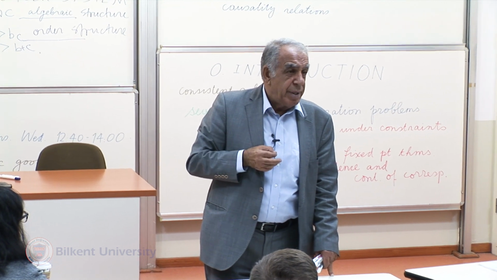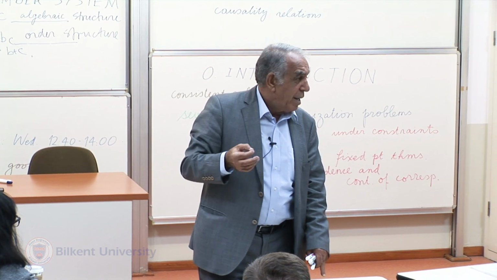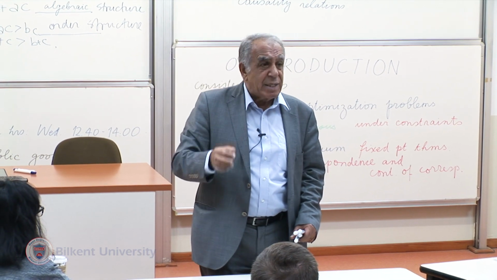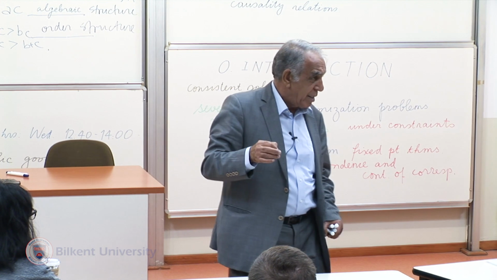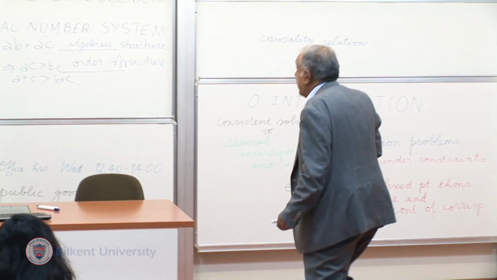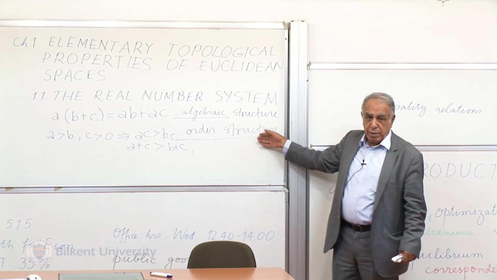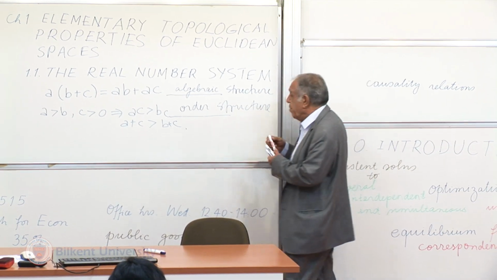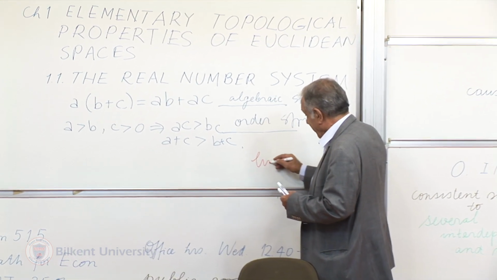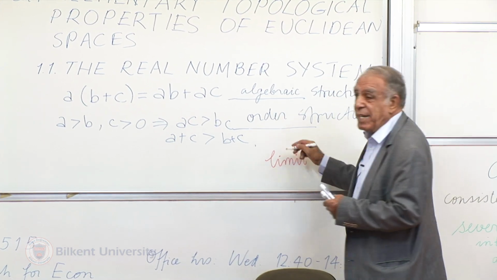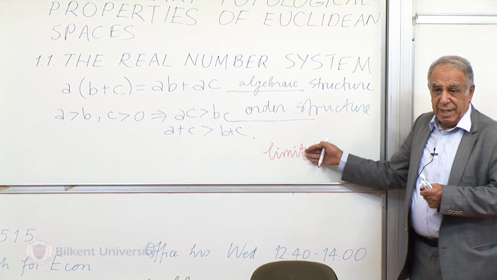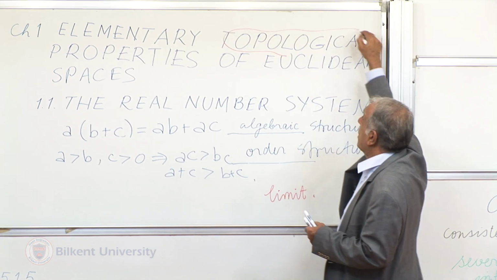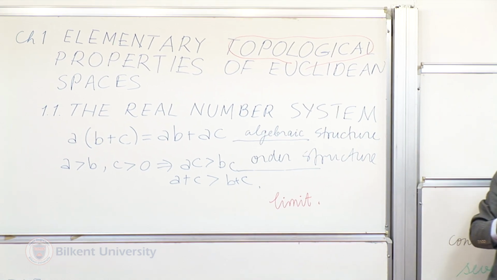They're both limits of certain things. The notion of limit is central to calculus, and it cannot be deduced from these two structures. It is the extension and generalization of that notion of limit which will lead to the topological structure.